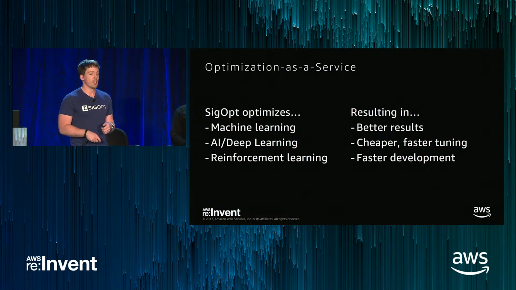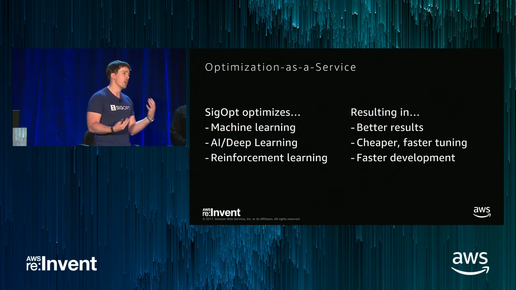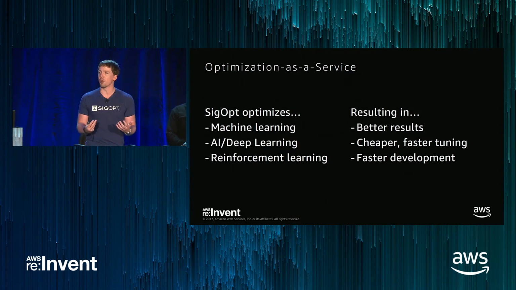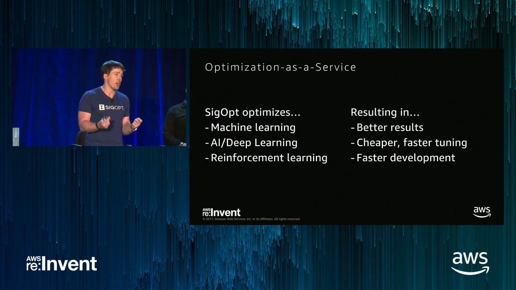So first up, SigOpt provides optimization as a service. If you saw yesterday's keynote, you might have heard words like hyperparameters and architecture parameters thrown around. These are the configuration parameters that make deep learning and machine learning and AI actually work. So these are all the knobs and levers that you need to set before you even go about doing any training.